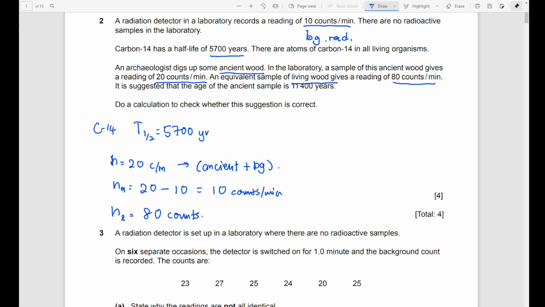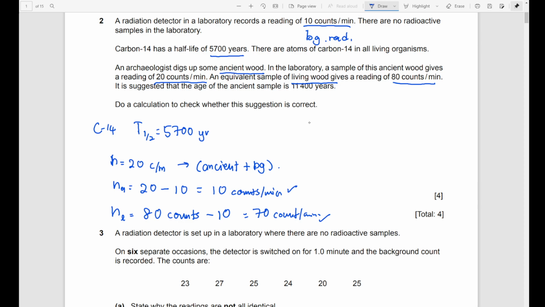So the actual reading coming from the living wood should be 80 counts minus the background radiation. So you will get 70 counts per minute. Now we have two readings. The first one, after it has been dead a long time, is 10 counts per minute, and the one before it died is 70.